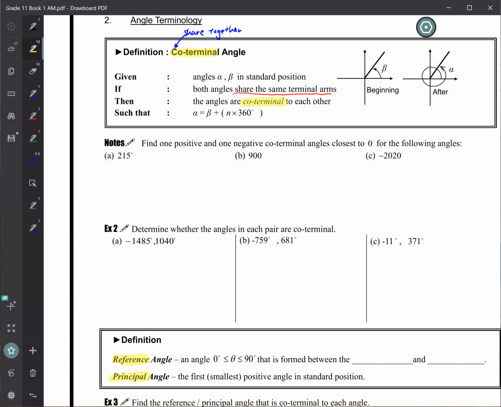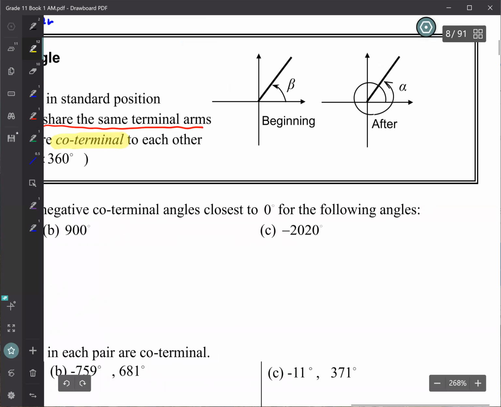So in other words, an example over here. The first one is angle B, the red one, the beginning one. If I want to make another angle also stop at the same place, I use the green, okay, I need to make a full turn.